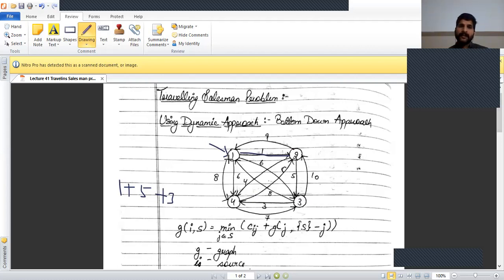Change the direction of this, the direction is wrong. 4 to 1 equal to 8. So the value is 1 plus 5 plus 3 equal to 9, 9 plus 8 equal to 17. Value of this equation equal to 17.